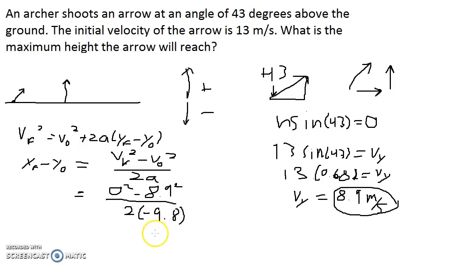And note, there is a negative sign on this acceleration due to gravity because we have defined down to be negative.